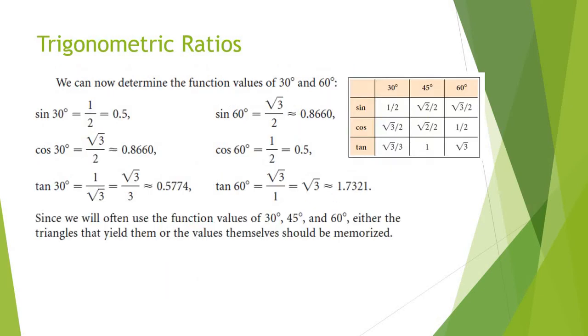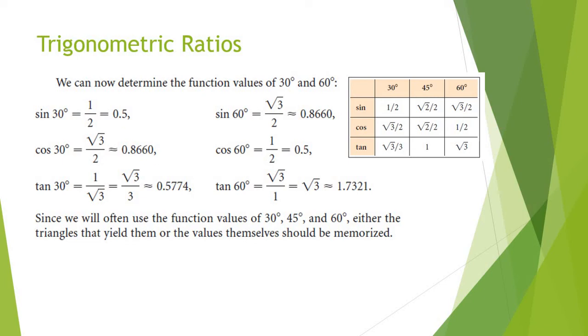Based on the values, we are already able to determine the value of the unknown side. So if we are going to look at the trigonometric functions of 30 degrees and 60 degrees, we have these values.